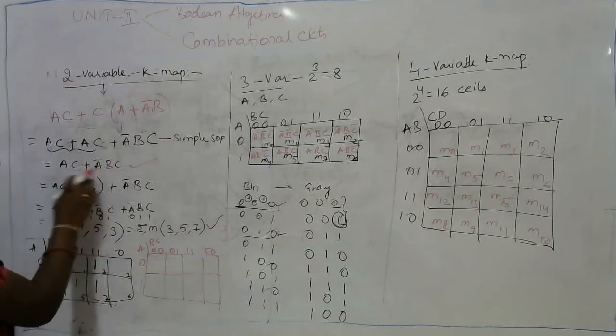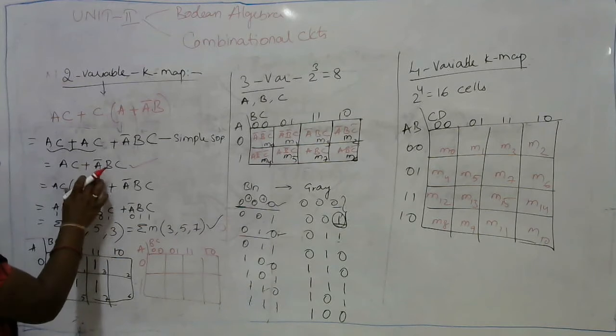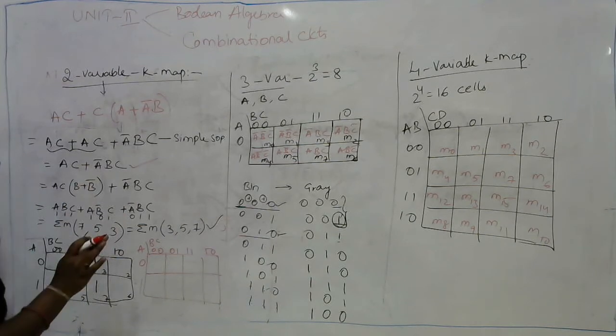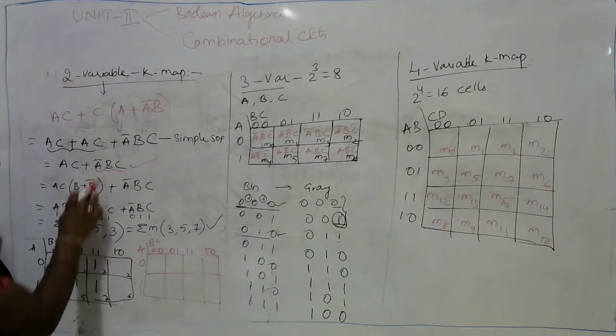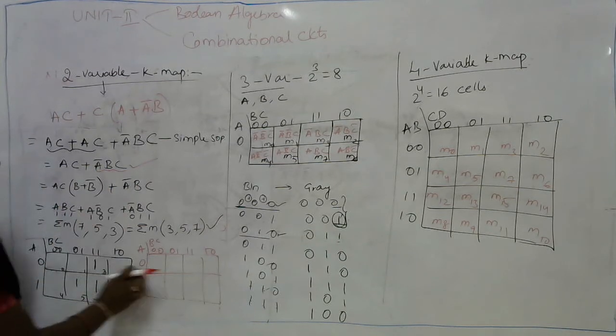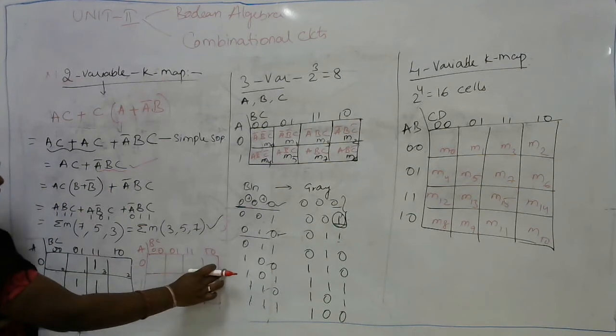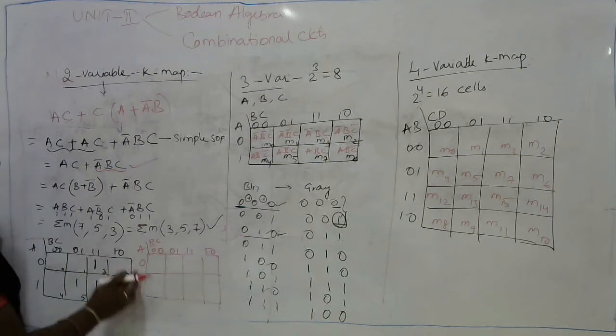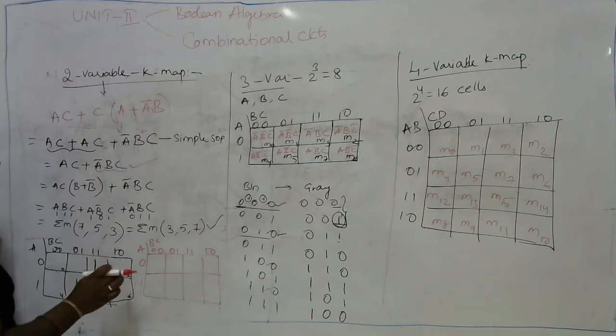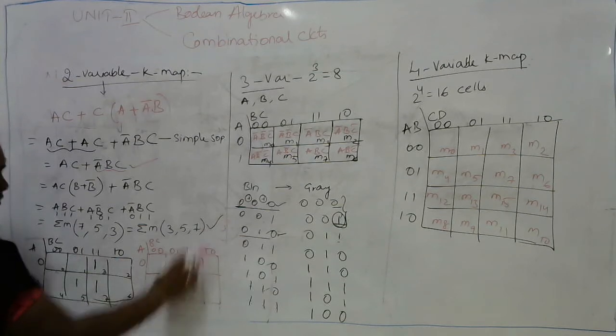Now coming to this, first check whichever minterms are covering all the variables. Here this minterm is covering all the variables. Here it is A bar, the first row is related to A bar, and it is BC. So here 1, 1 represents BC. See, whichever cell is the intersection of row as well as column.